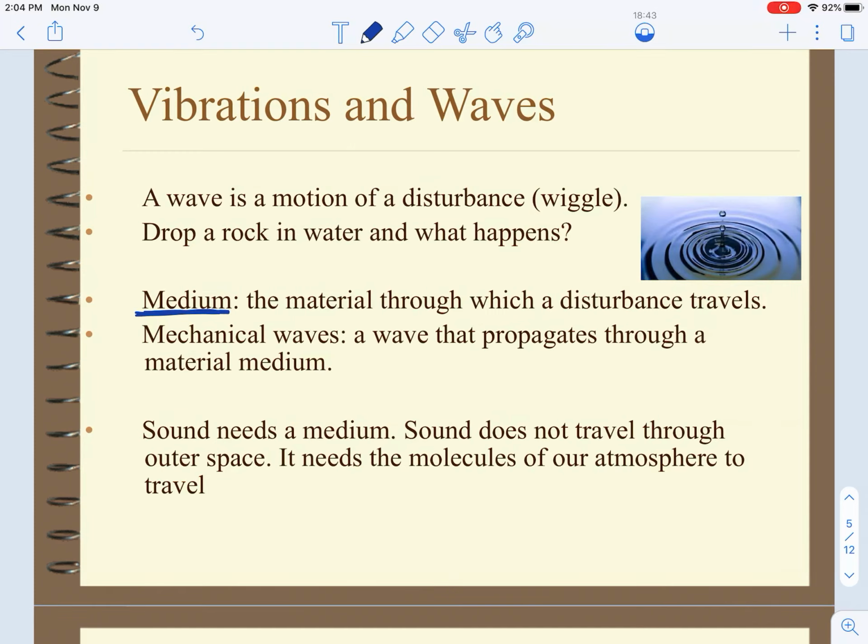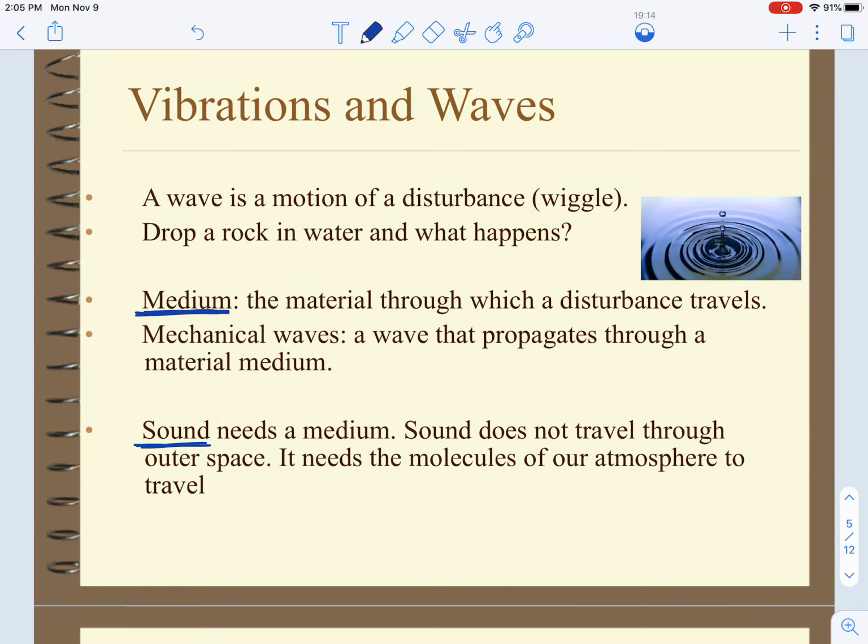Right now, we are focusing on mechanical waves, which are waves that do not exist if there are no atoms, particles, matter, or material in general for the wave to move through. So we're going to be focusing on the material and what kind of atoms in order to analyze our wave motion in the future. So medium, material, atoms, particles, matter, okay?